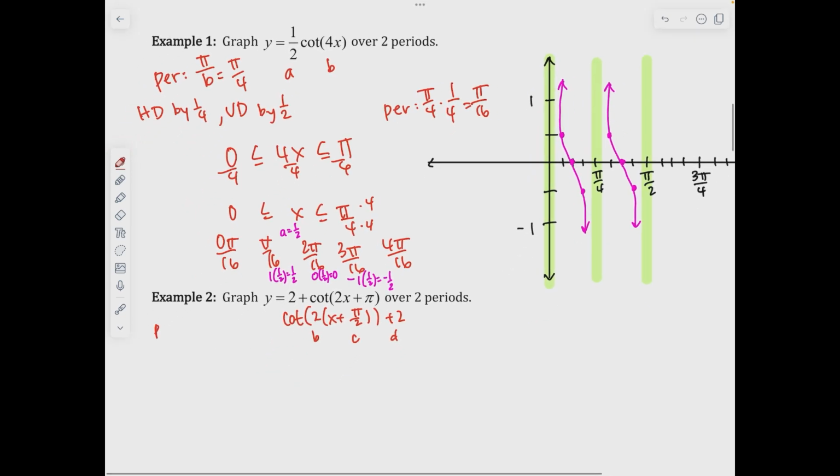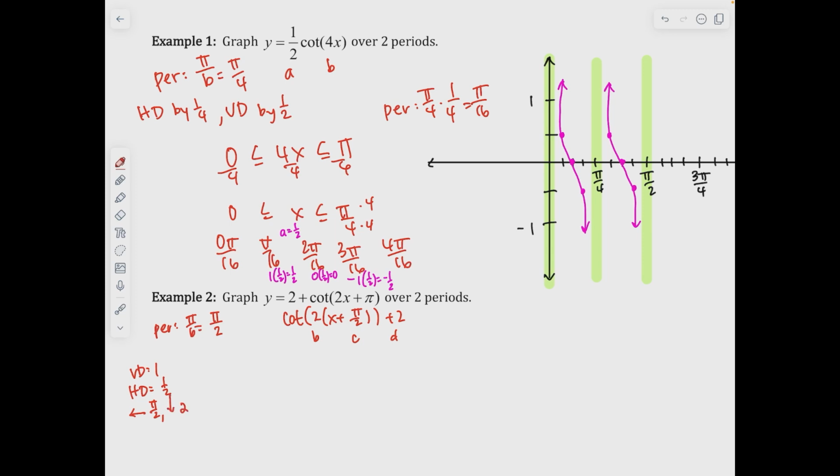My period length is going to be pi over b. Again, my reciprocal value of b is my dilation. So my vertical dilation is by a factor of 1. My horizontal dilation is by a factor of 1/2. I'm going to go left pi over 2, and I'm also going to go down 2 units as well.